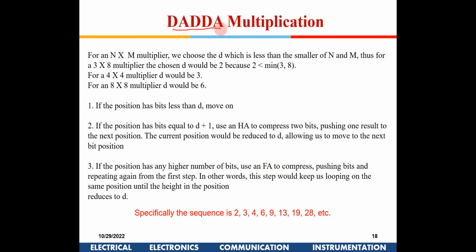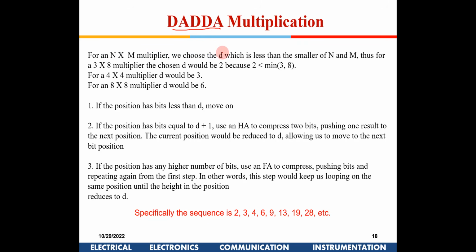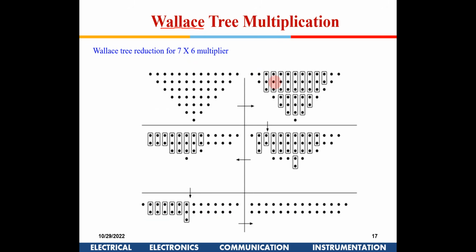Now there is one more. This is another Dadda. He is the second person who proposed a modification of the Wallace tree. This is not something very new, but a small modification which turns out to be slightly better. When we have to compress, first we write it as it is like this.